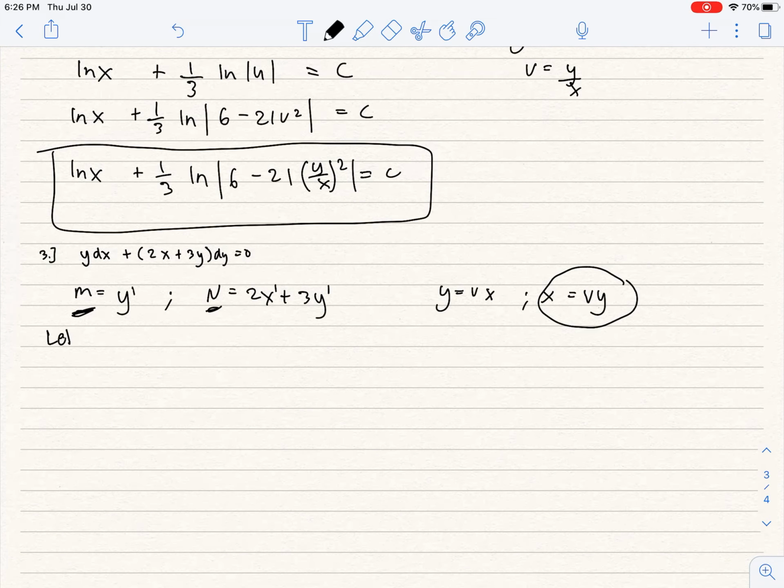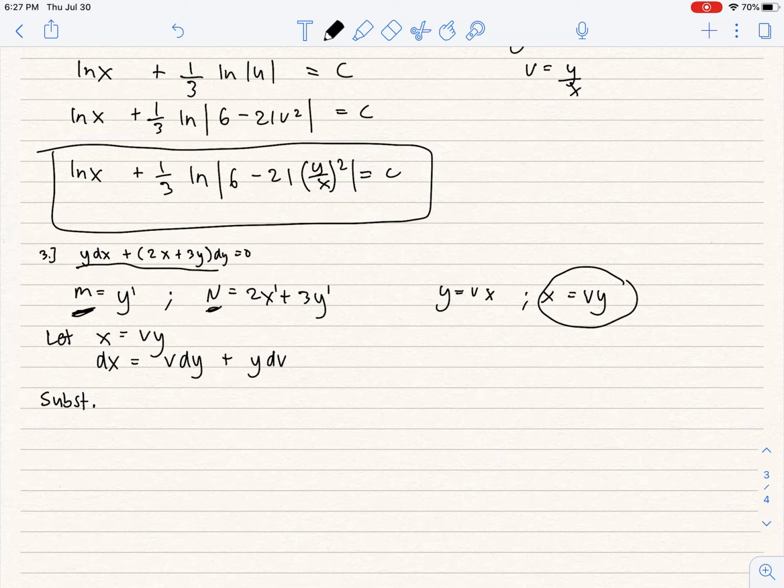So, you're going to let x equal to vy, then of course dx is equal to v dy plus y dv. Next is substitute x and dx to the equation. Okay?